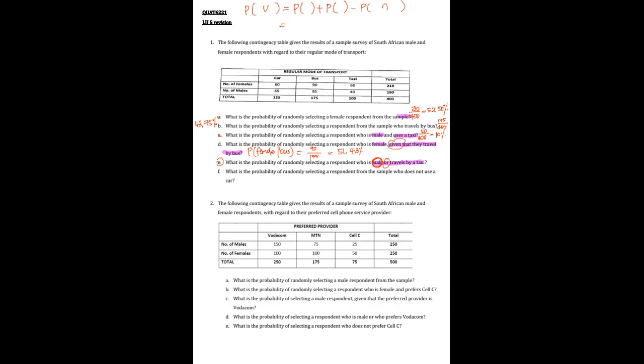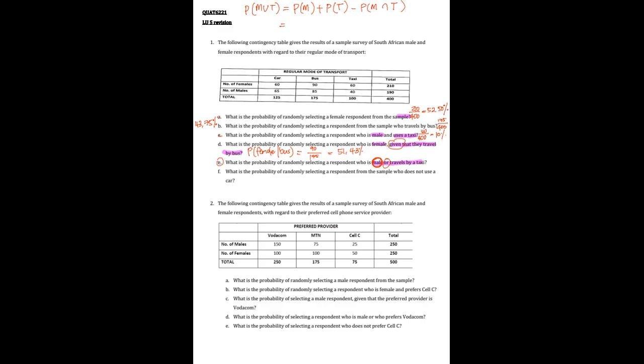So here it's going to be male or taxi. So it'll be the probability of a male plus the probability that the person travels by taxi minus the probability of a male and a person who travels by taxi. So it's a male who travels by taxi.